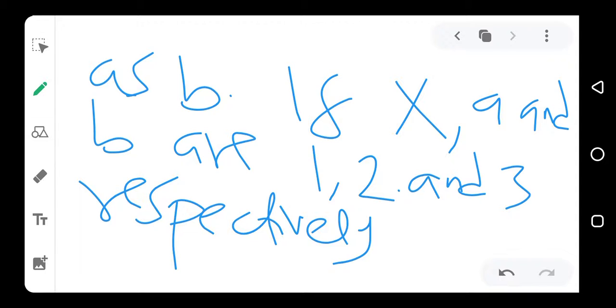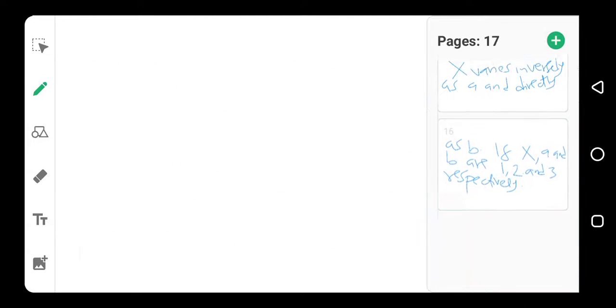Question A. Find the relationship between the variables.